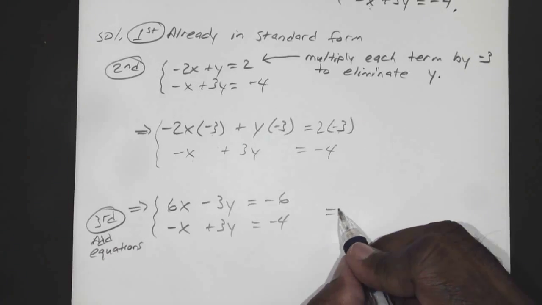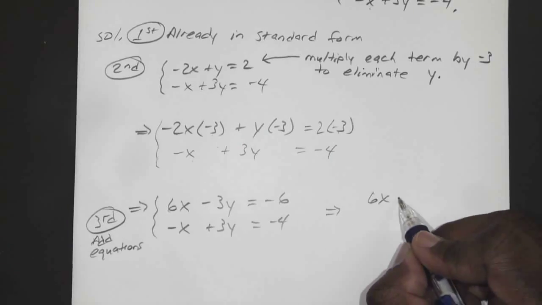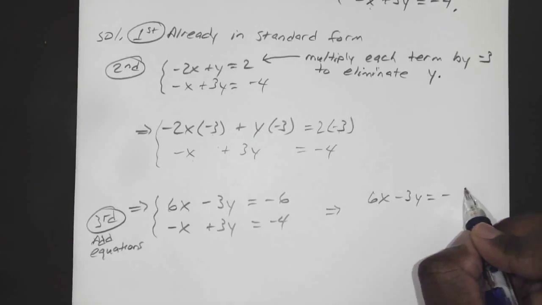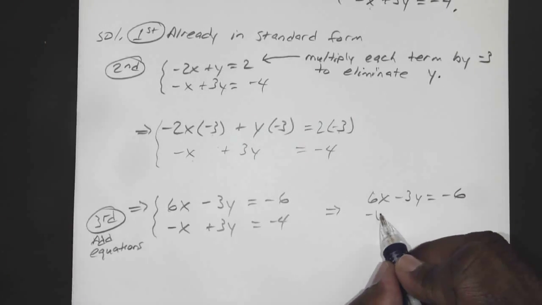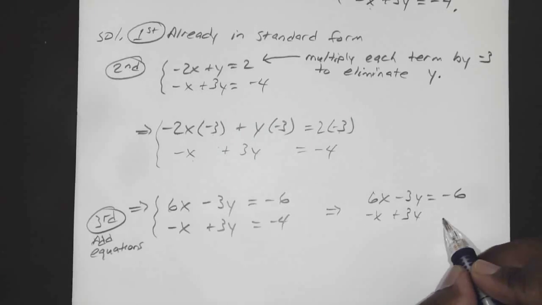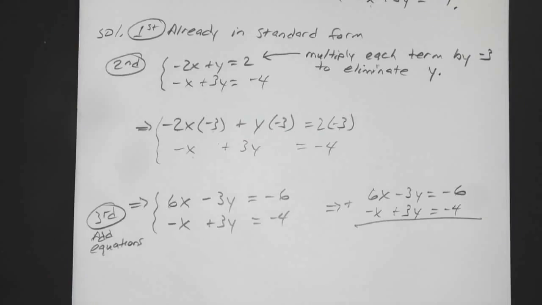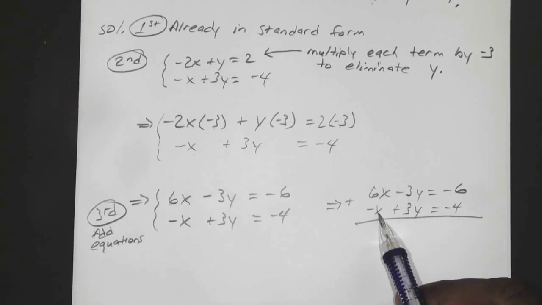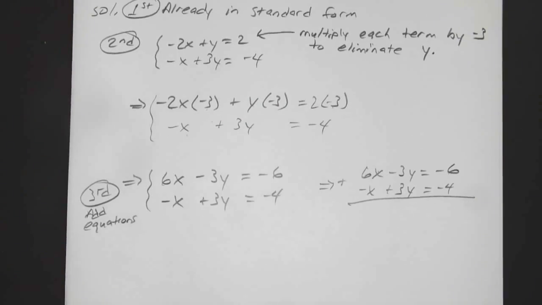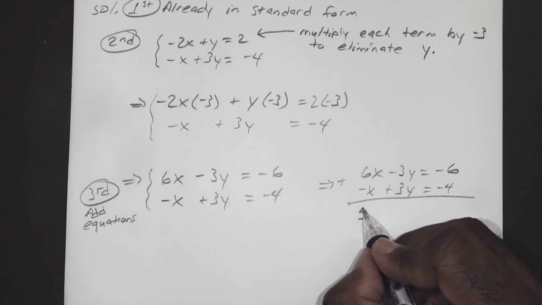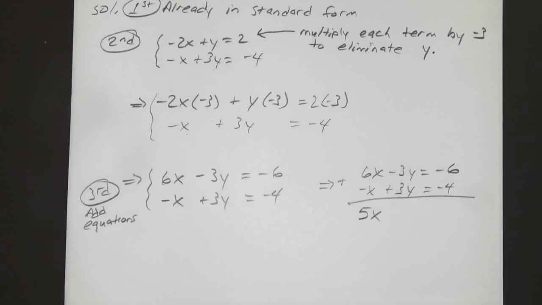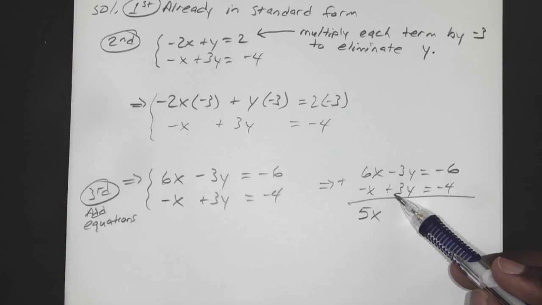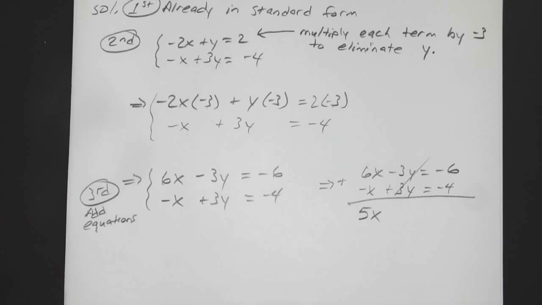Okay, so if we go ahead and add them together, 6x minus 3y equals negative 6, and negative x plus 3y equals negative 4. Okay, so you have 6x plus negative x, which is just 5x. And if you did it right, one of them should disappear. In this case, it's that. So you have negative 3y plus 3y.